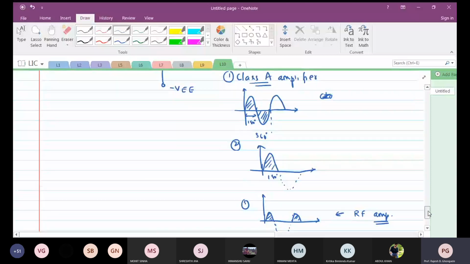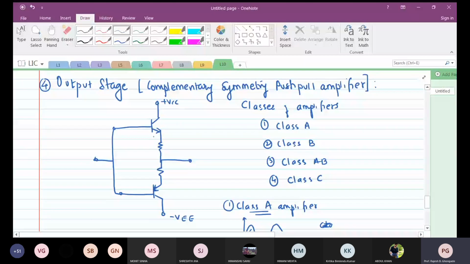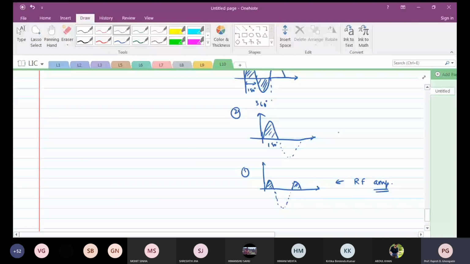Of course, there are ways and means to solve this problem. So this basically is a class B, which is modified to class AB. What is this class AB? Class AB is a slight variation where we make sure that the transistor conducts for slightly more duration.